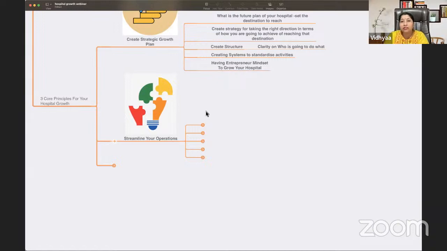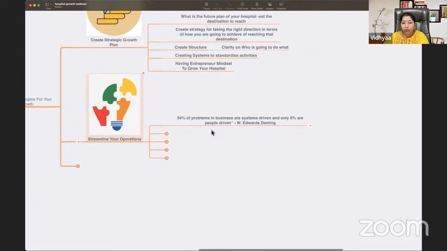All these things happen because there is no proper process, no proper structure, and no proper roles and responsibilities given to the people. That's the reason all these problems arise. But when you focus on streamlining the operations, it is going to help you in making your practice independent of people. I'll explain to you, you'll have more clarity as I walk you through.